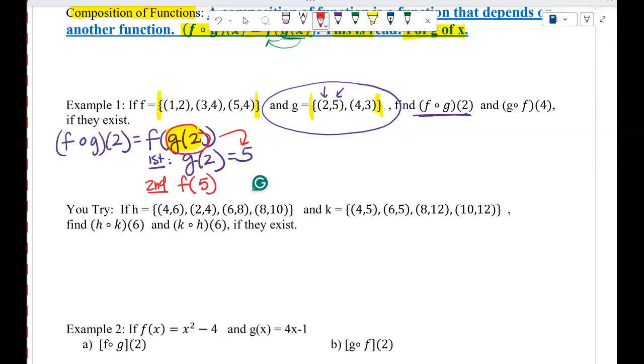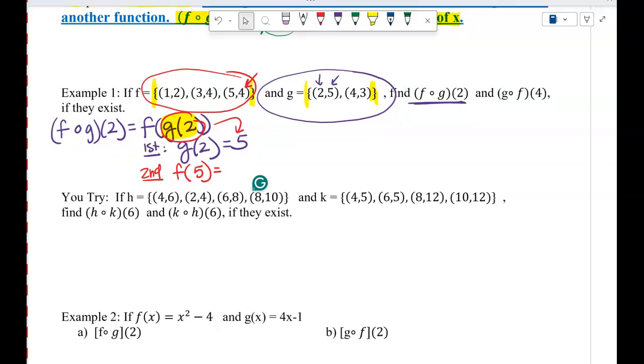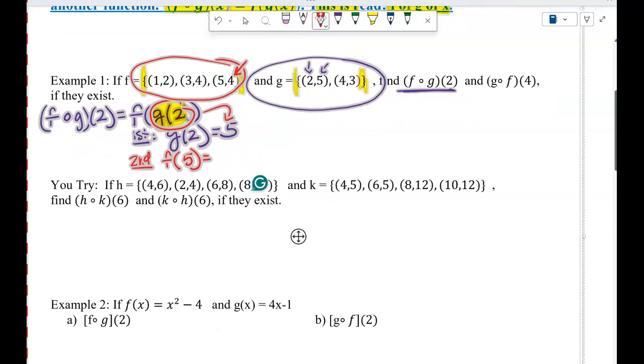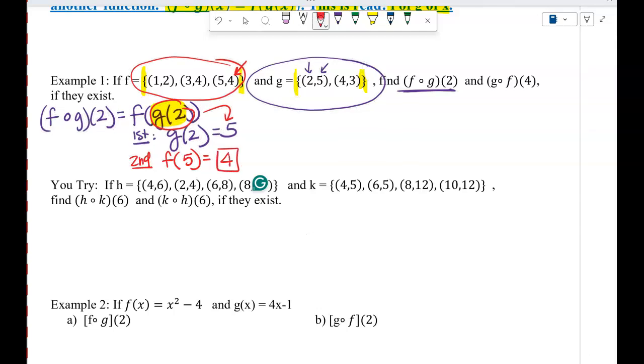Well, f of 5: find y when x is 5. There's only one ordered pair that has an x of 5, so the y value of that is 4. So this whole answer equals 4. The f function depends on the g, so that's why the definition says one function depends on another.